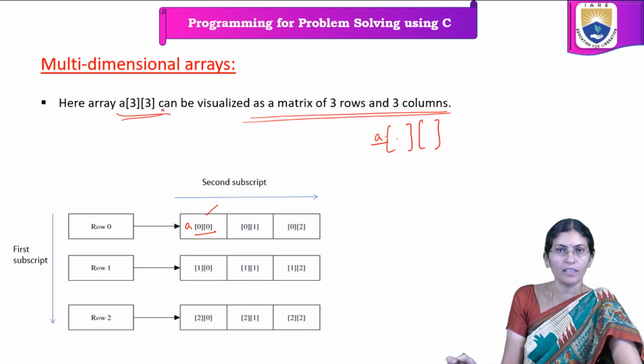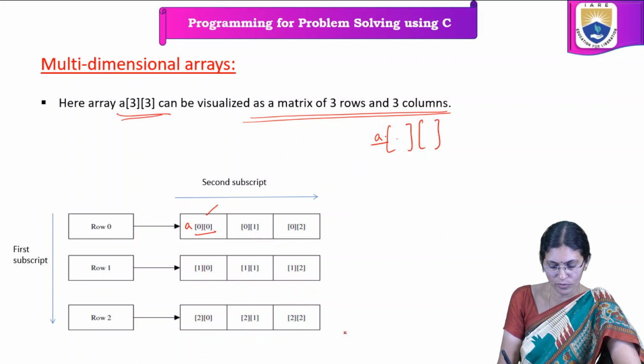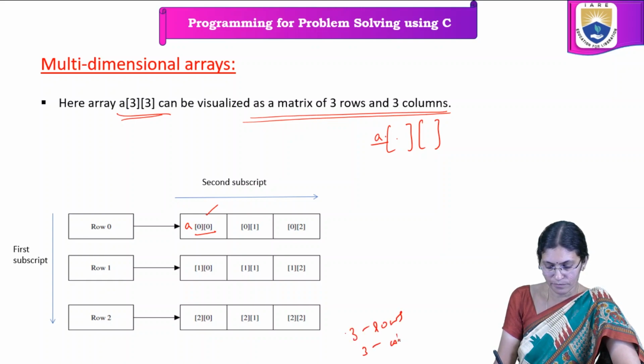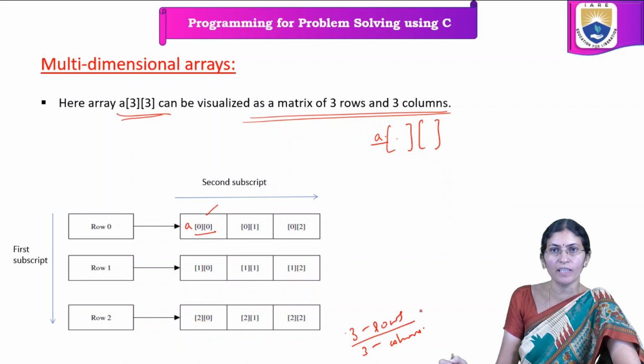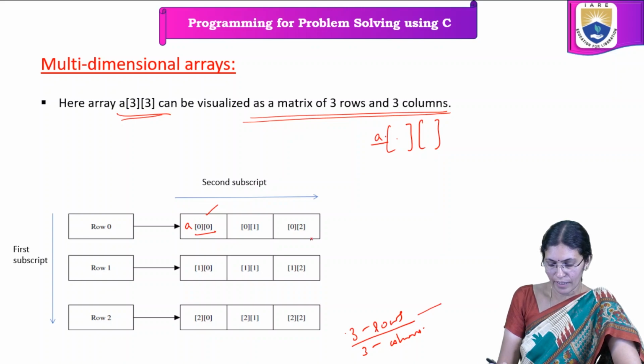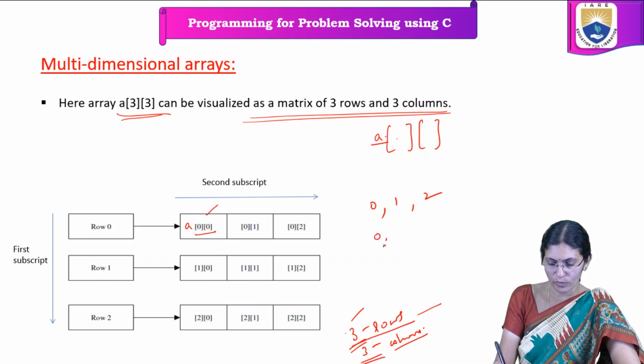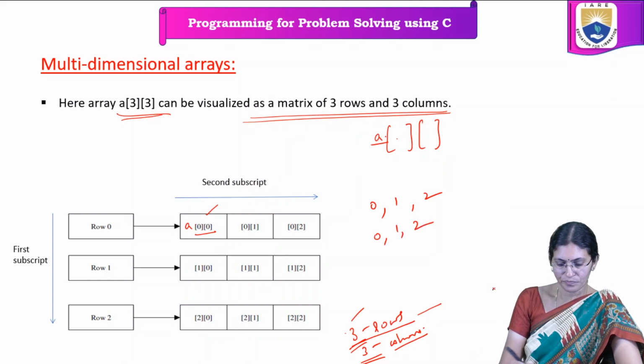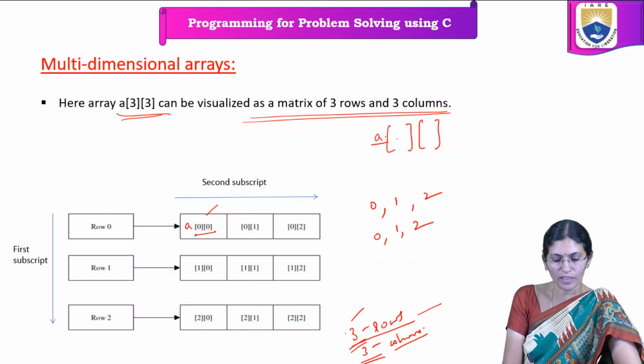Its size is 3 by 3, so we have 3 rows and 3 columns. To access the row elements, the subscript or index starts from 0, and since there are 3 elements in the rows, the subscripts are 0, 1 and 2. For the columns also, since the number of columns is 3, the subscripts are 0, 1 and 2. So the first element can be accessed by a[0][0].